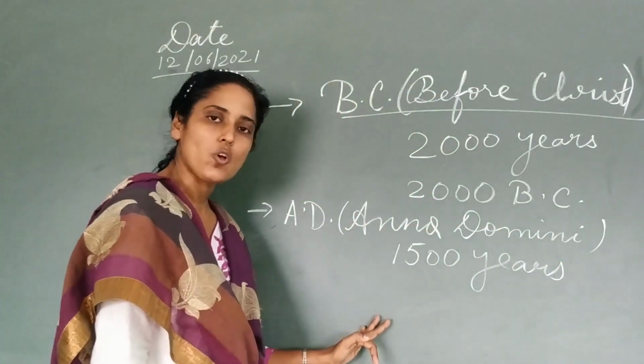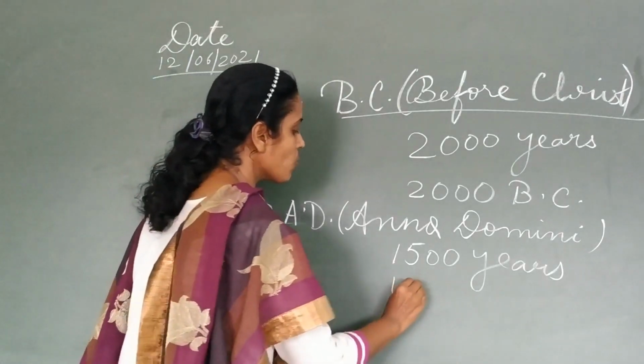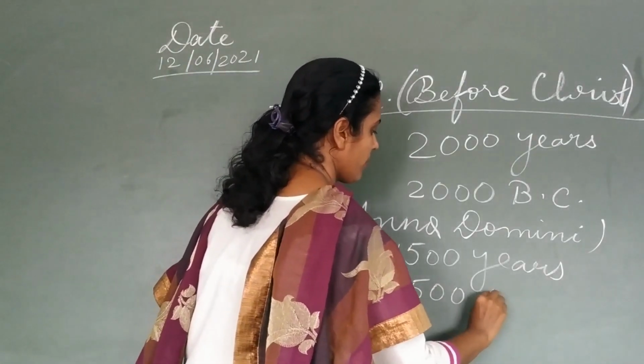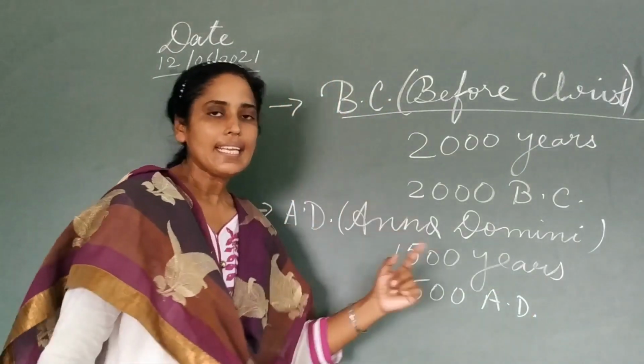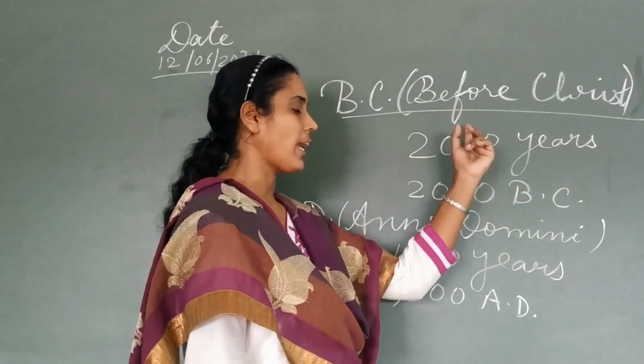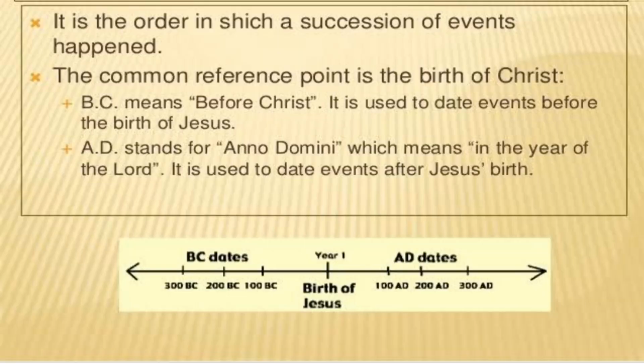So, how will I write it in historical terms? I write it as 1500 AD. Something happens 1000 years after the birth of Christ, you can write 1000 AD. 1500 years after the birth of Christ, you can write 1500 AD.